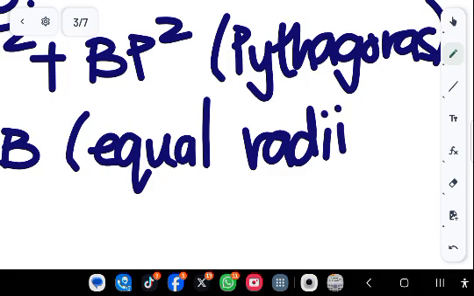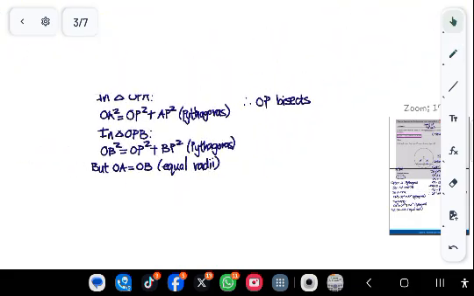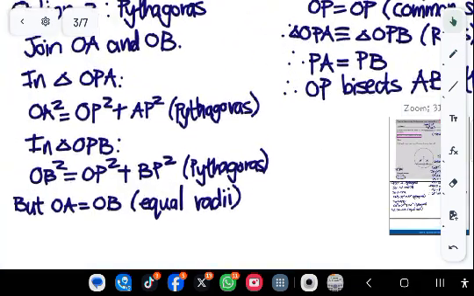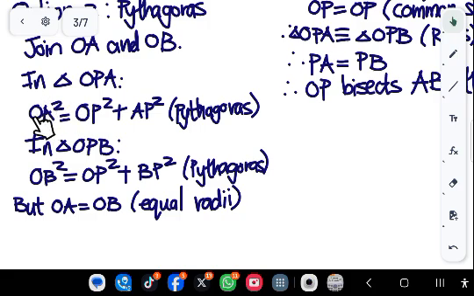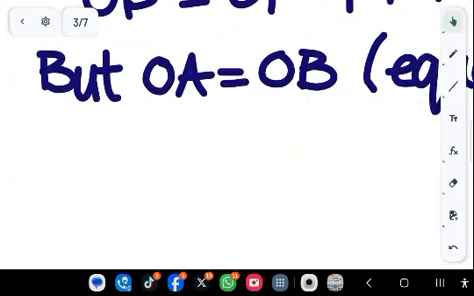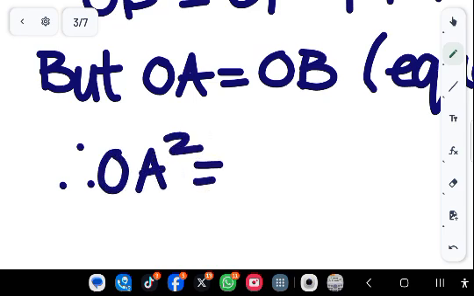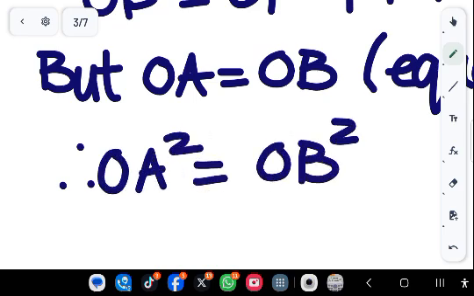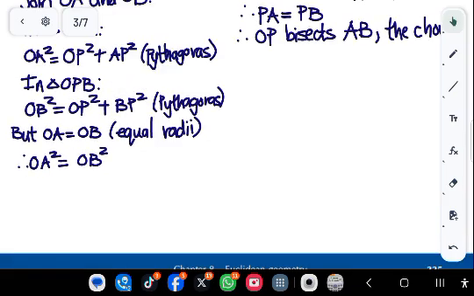What are we trying to get to? Now that these two are equal, it means that OA squared equals OB squared. If OA equals OB, then the squares are also equal. So what we do now is we just substitute.